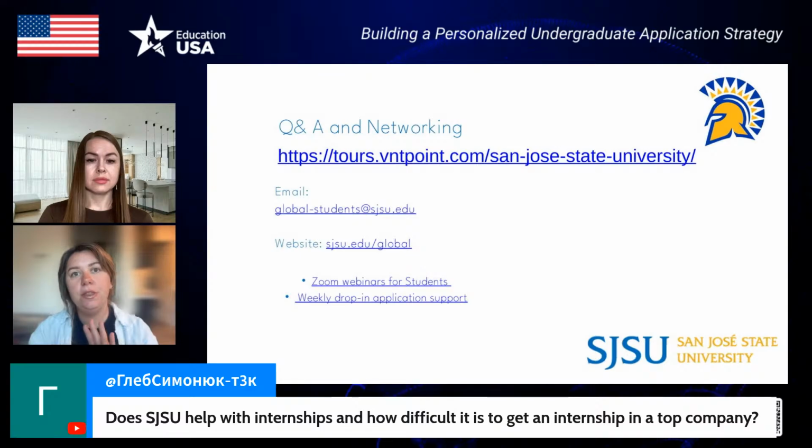And through them, they have resume building workshops. They have application strategies. So you can even book a time with a career counselor that is going to help you understand what opportunities there are available.